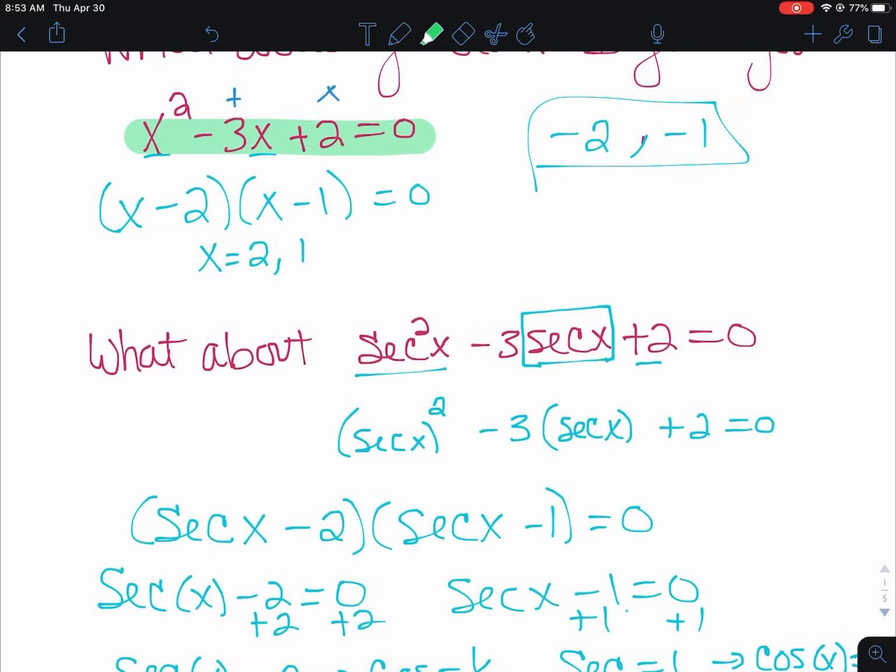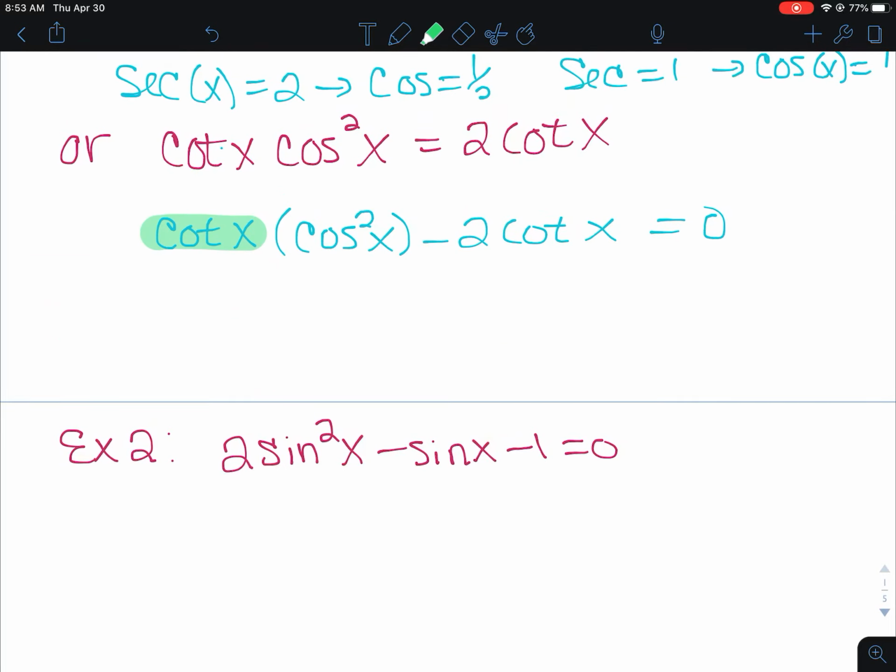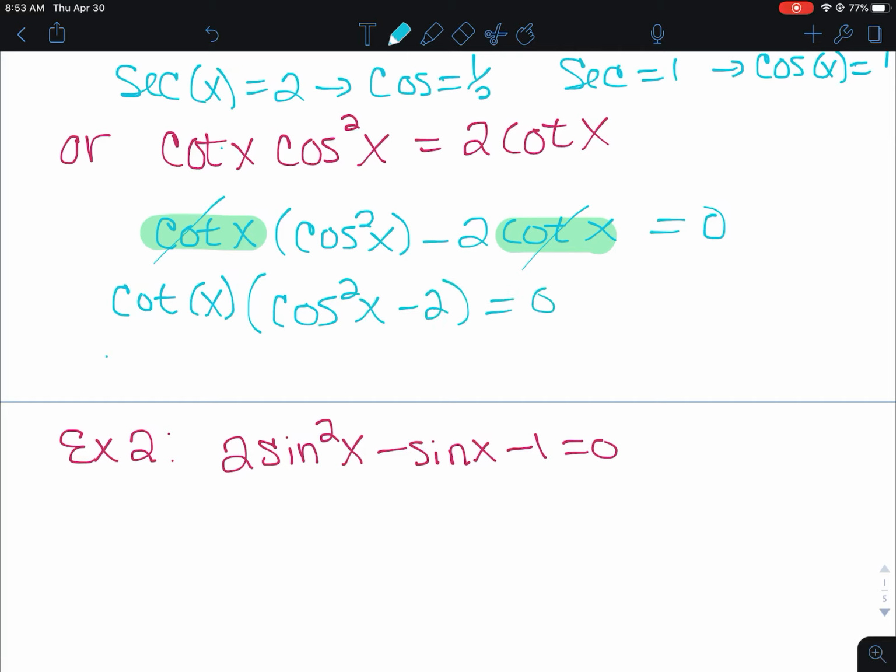It's not a trinomial like we had here. But I do see that they both have a cotangent x in common. So what I'm going to do is factor that out as the greatest common factor, taking a cotangent x out. And then what would be left is cosine squared x minus 2. So my two factors are cotangent x and cosine squared x minus 2.